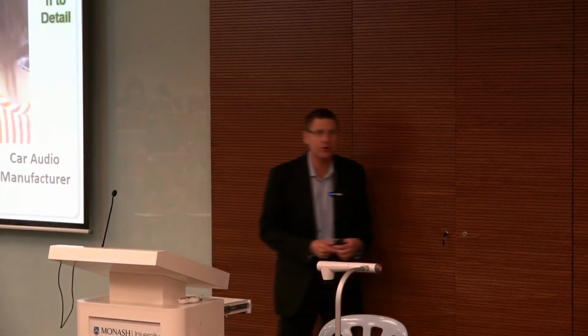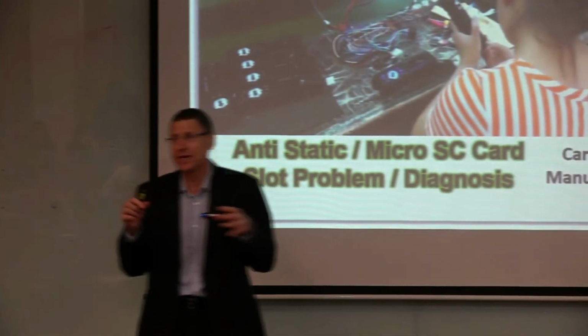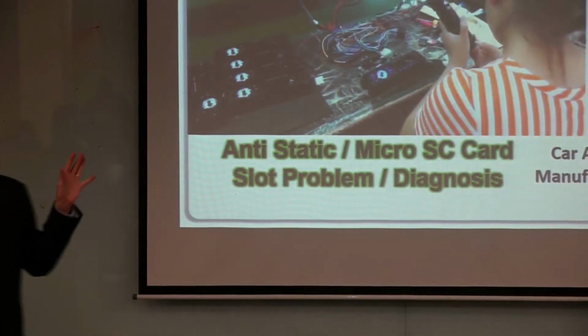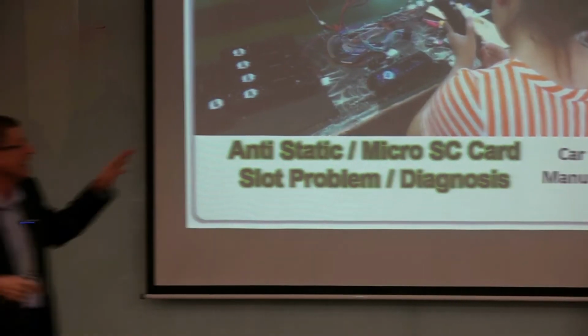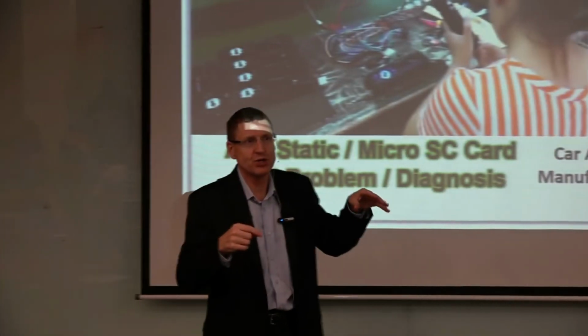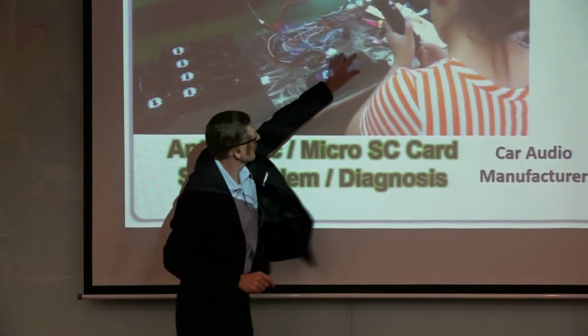So what I'm going to show you now is a real factory I visited. I want you to pay attention to this video because it goes very fast. I speed it up. What it shows is a car audio factory, where they're making the car audio front.